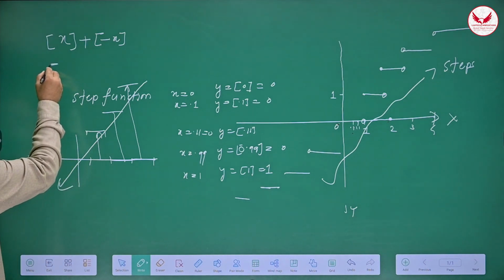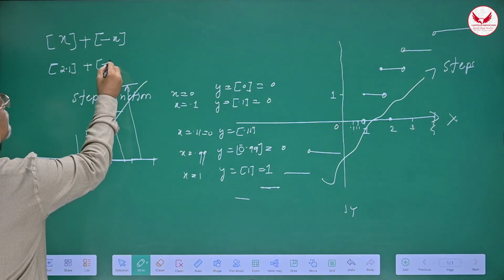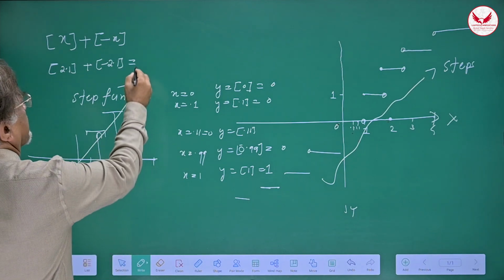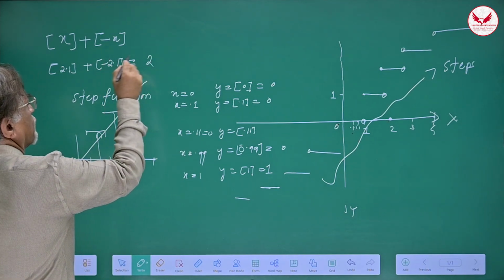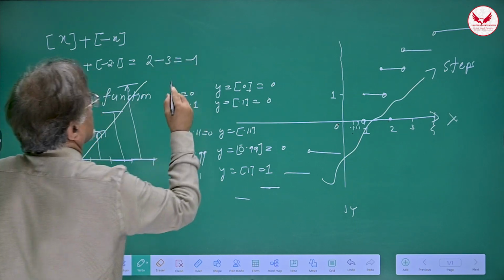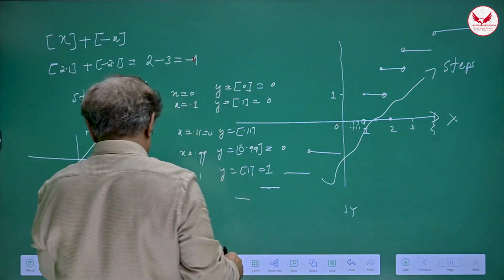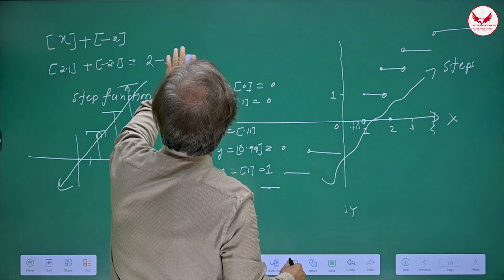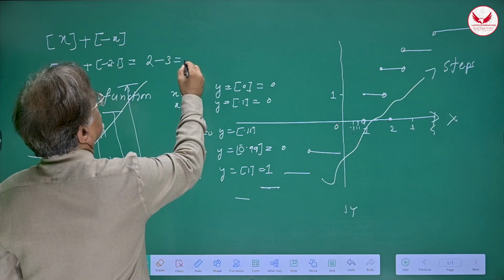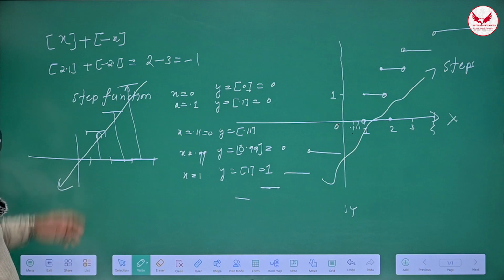Suppose x is 2.1, and here it is minus 2.1. You know what the answer is? The integral part of 2.1 is 2, but the integral part of minus 2.1 is minus 3. So the answer will be minus 1. But the surprising part is it is always like that.